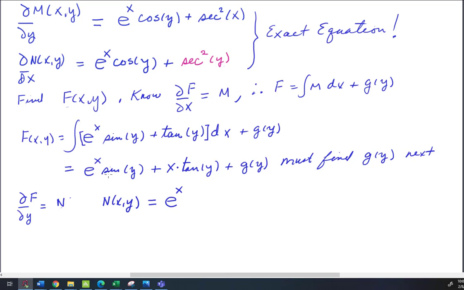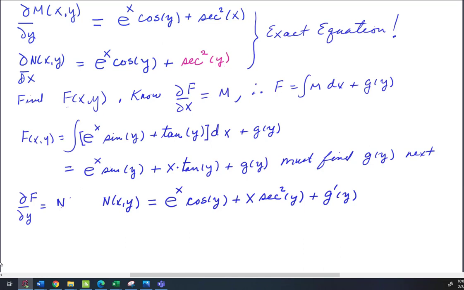So e to the x is like a coefficient, but the derivative of sine y would be cosine y. And then x is like our coefficient, so it's an x. And what's the derivative of tan y? Would be secant squared y. And I've got a function g of y alone, that would be then g prime of y.